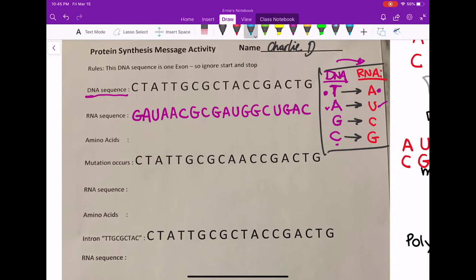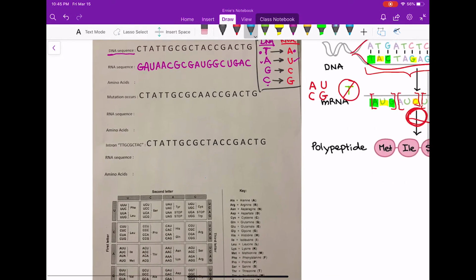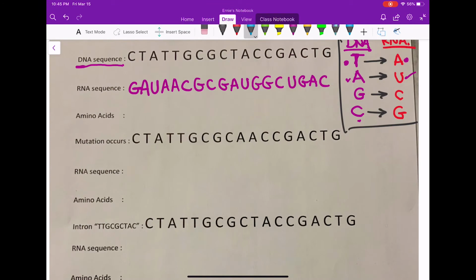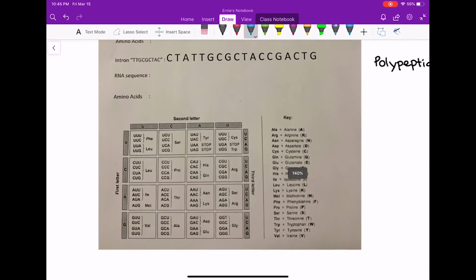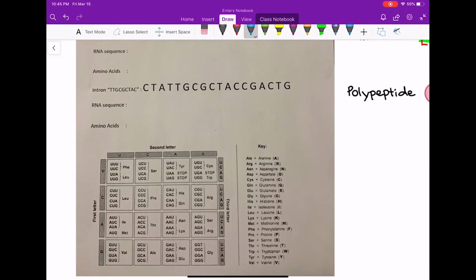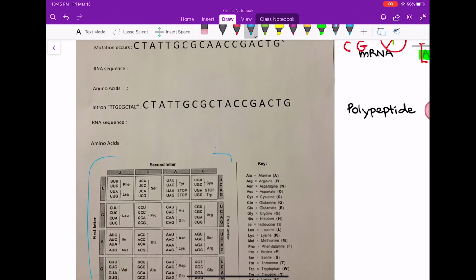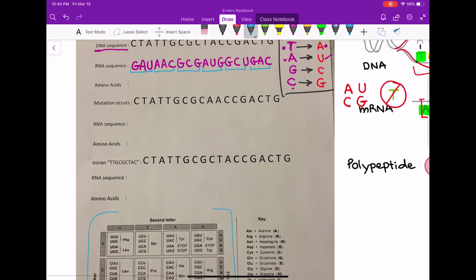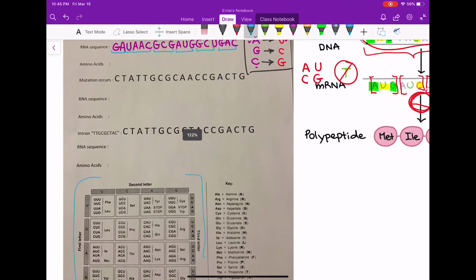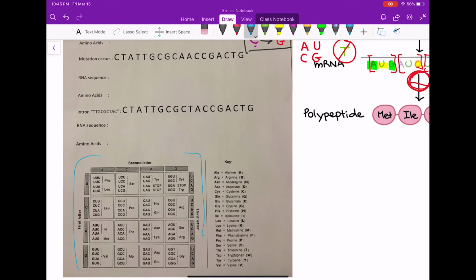Now, to be able to make this into amino acids, I just simply start by grouping them in groups of 3, which are called codons, and then I refer to my codon chart right here. This is my codon chart. So GAU, what's GAU?